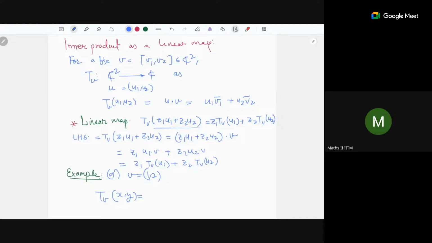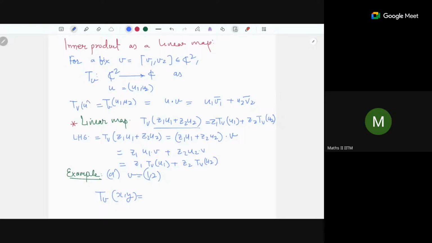So what is a vector in C2? It is a two component vector. Each component is a complex number. So you take that vector, you fix that vector, and now you define a map from C2 to C. How do you define a map? So you define a map like this.